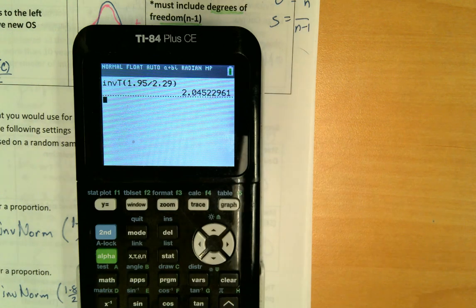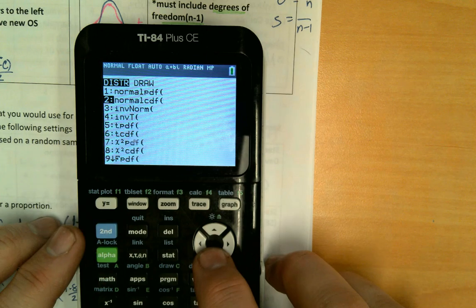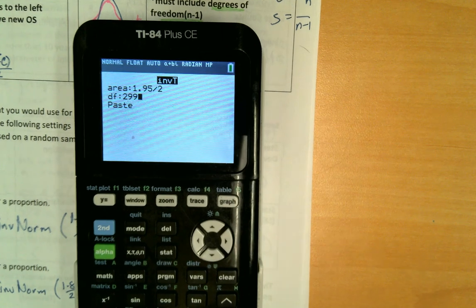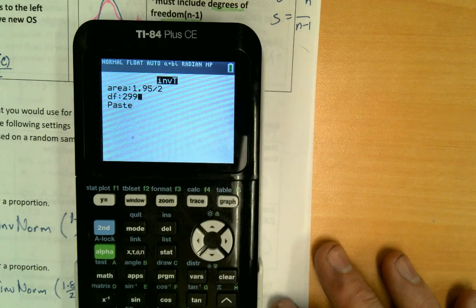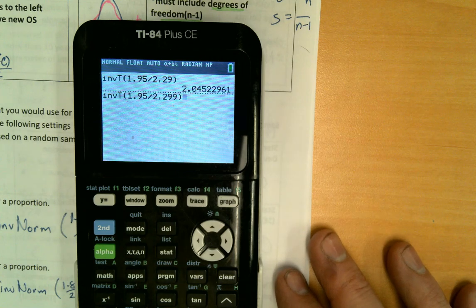It's pushing that margin of error out a little bit farther on that curve to give us that little bit of extra wiggle room. If I do that same operation, and instead of a sample size of 30, I use a sample size of 300, so my degrees of freedom would be 299, that's a huge sample. This is going to be much more accurate.